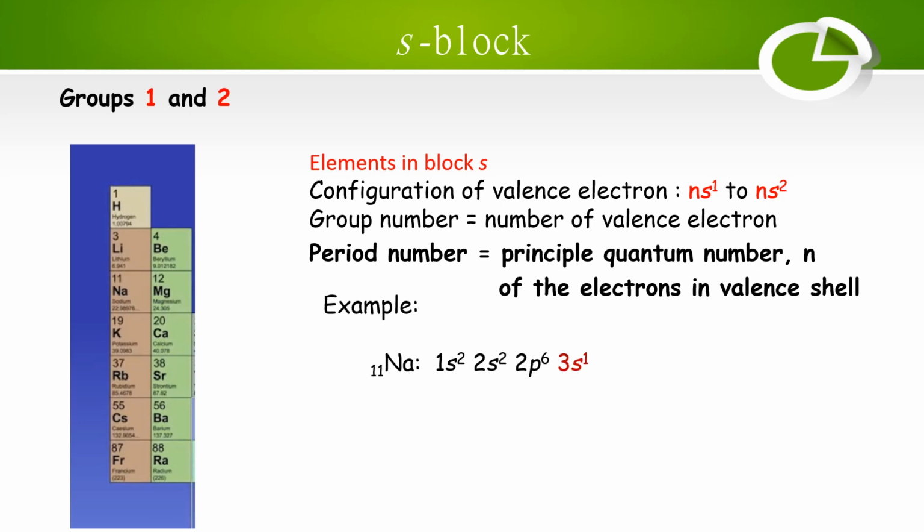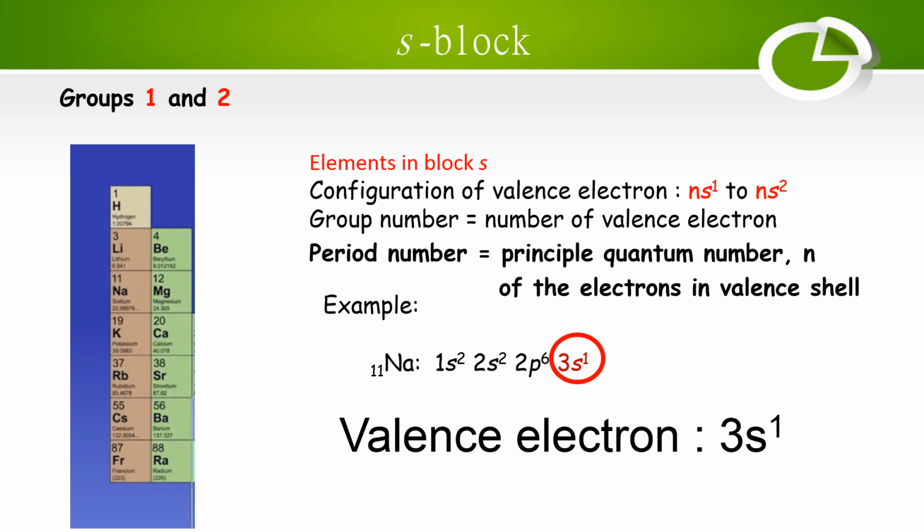For example, sodium. The proton number for sodium is equal to 11. Therefore, the electronic configuration for sodium is 1s2, 2s2, 2p6 and 3s1. From this electronic configuration, we can determine that the configuration of valence electrons will be equal to 3s1. The valence electron for sodium is 3s1.